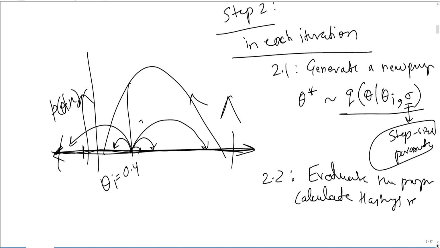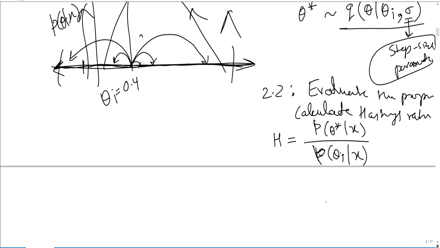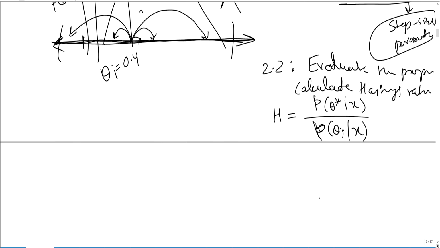What is the Hastings ratio? The Hastings ratio is the posterior density of this proposal theta star given the data, divided by the posterior density of the previous sample that you have collected, theta I, basically the current state of the chain, given the data. So, the ratio of their posterior densities.